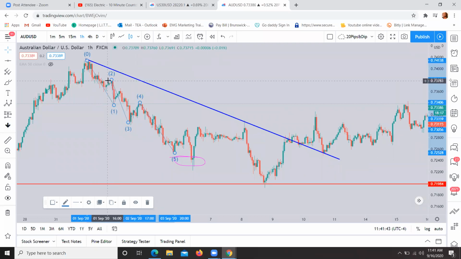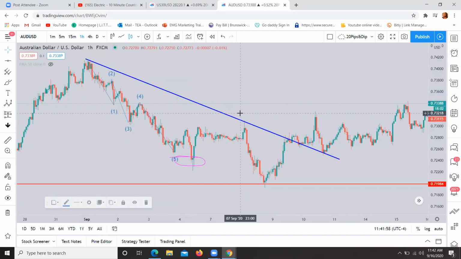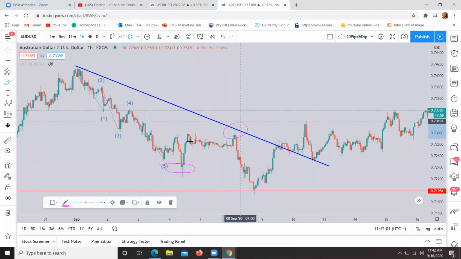Why is this a lower high point? Because this high is lower than this high. This high is lower than this high. That's market structure. This low is a lower low. I'm not selling right here. I want to sell as close to the trend line as possible, if that's one of my confluences, one of my confirmations to get in this sell.